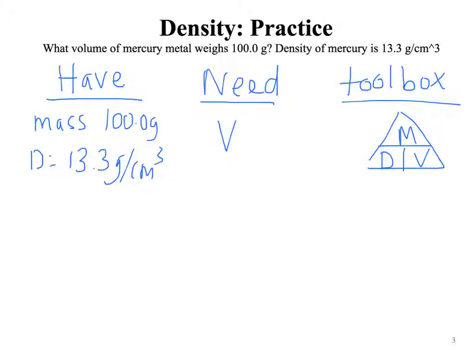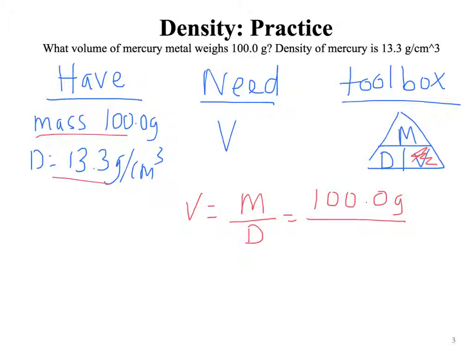So if I want to solve for volume, I cover the volume, and then I realize that it's mass over density. And I have my mass and I have my density, so I just plug it into my formula. My mass is 100.0 grams. My density is 13.3 grams per centimeters cubed. I notice my grams cancel out, and I'm left with centimeters cubed as my answer.